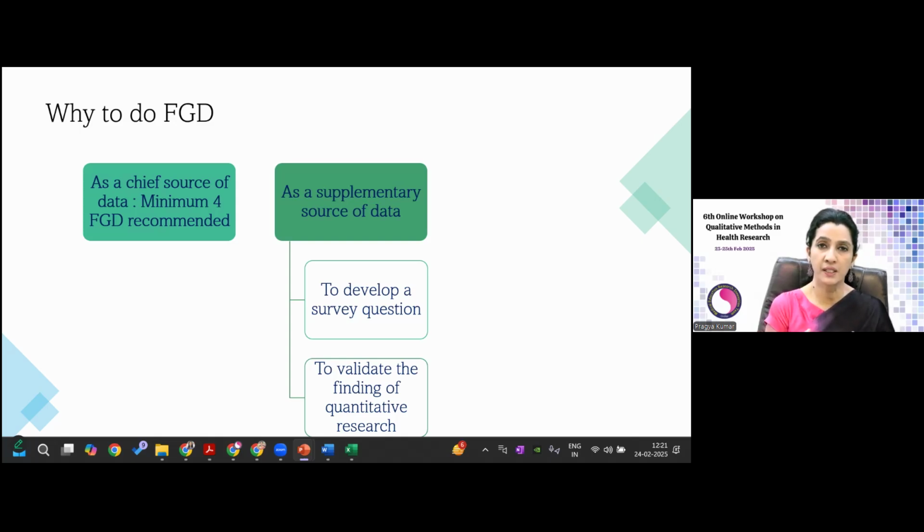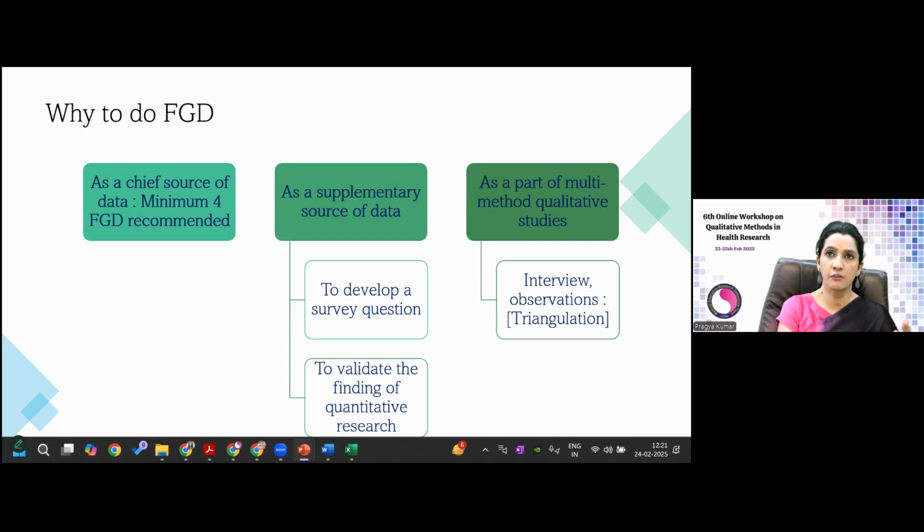Again, as we have seen, it can be a way to develop a survey questionnaire, or in mixed methods it can validate the findings of a quantitative research. And it can be a part of multi-method qualitative research, like we have just seen, in-depth interview with participant observation, or with secondary data and in-depth interview.